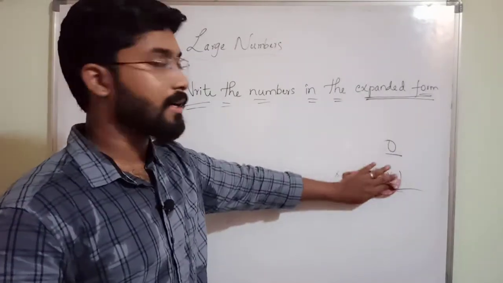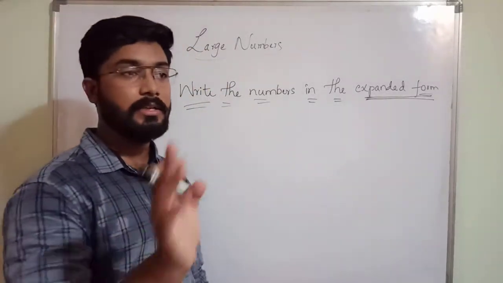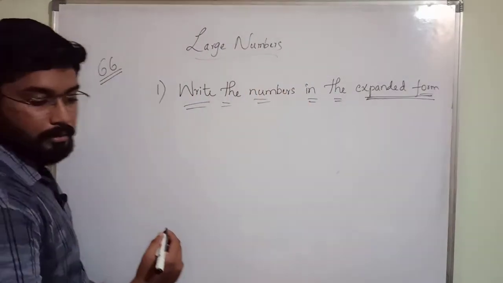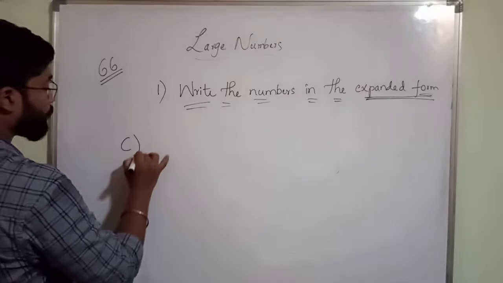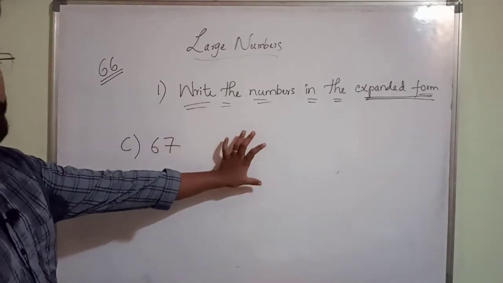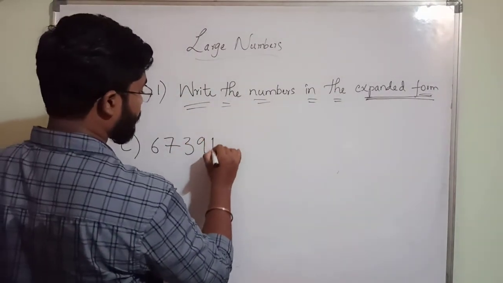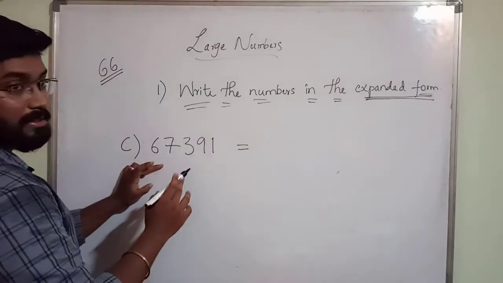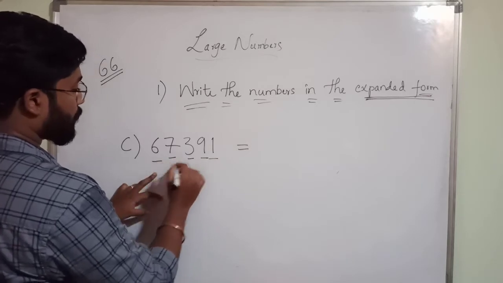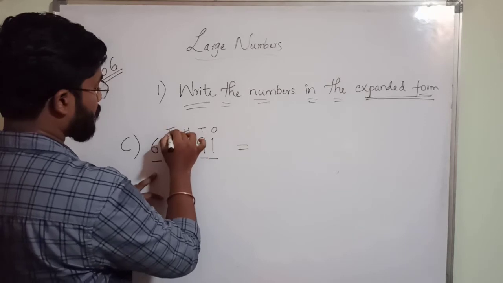See how many digits are there. Divide them into their respective places: ones, tens, hundreds, thousands. And what do you have to do next? Multiply the number with the place. Once again I will say it with this example. What is this number? Divide. This is the first step: ones, tens, hundreds, thousands, 10,000s.